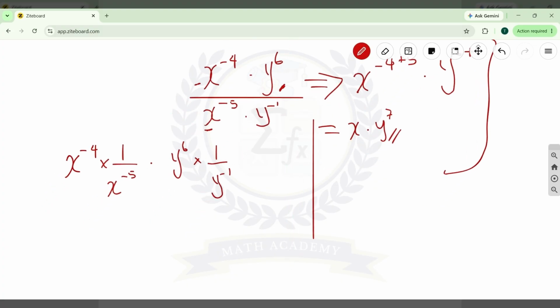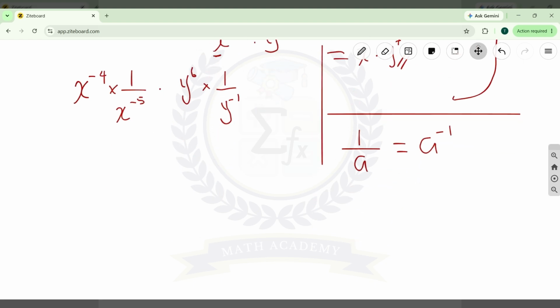Moving forward, this simply means that, recall, the law of indices says if you have 1 over a is the same thing as saying a to the power of -1. So this simply means if I have x to the power of -5, simply means 1 over x to the power of 5.